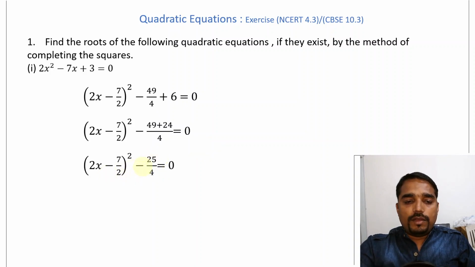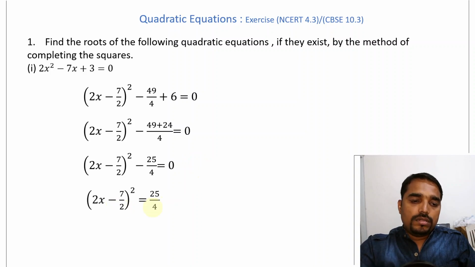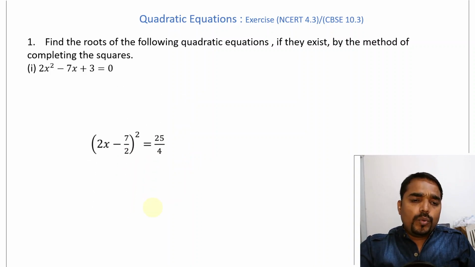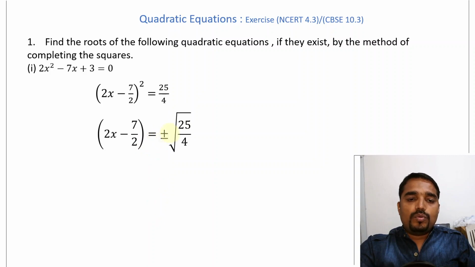To find the value of x, let's transpose minus 25 by 4 towards RHS. It would become plus 25 by 4. Therefore 2x minus 7 by 2 is equal to plus or minus square root of 25 by 4. Now 25 is 5 square, 4 is 2 square. Therefore square and root would get cancelled.